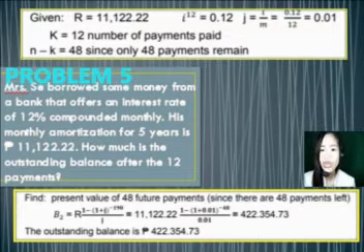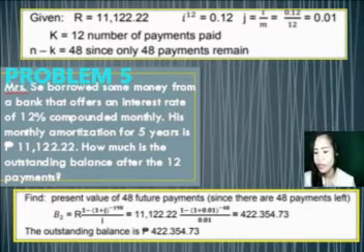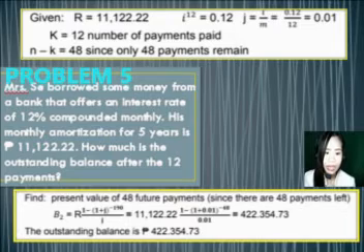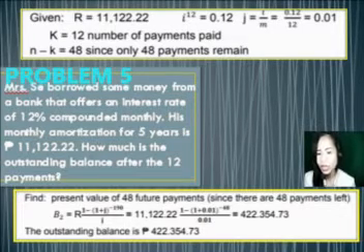Now, take note that in 5 years, if we pay monthly, 5 times 12 is 60. However, we already paid 12, so 60 minus 12, 48, is the number of remaining payments. So N minus K is just 48.